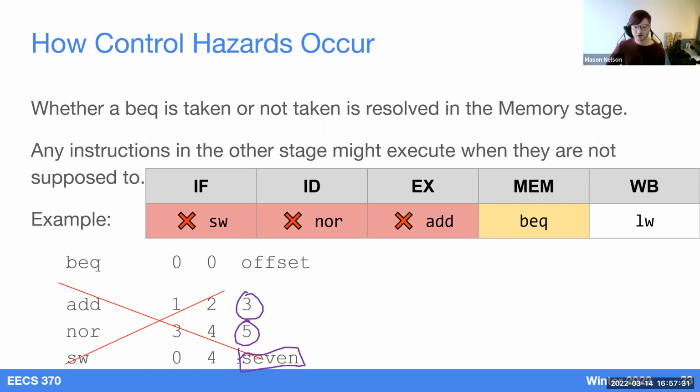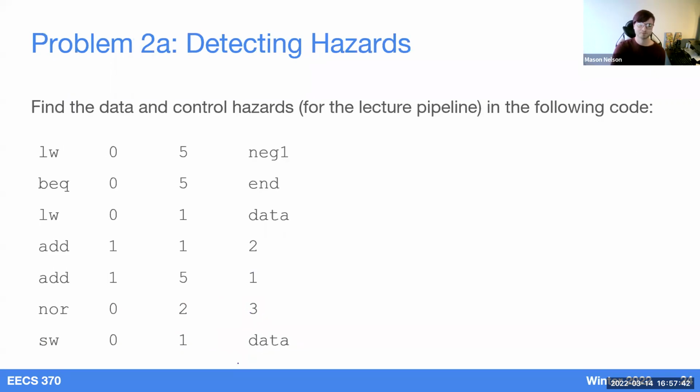We have another trick that, in my opinion, is pretty easy to implement for the project, compared to data forwarding at least. But this will allow us to fix our control hazards. All right. So if you look at the worksheet that's available in the Google Drive, we have this problem posted for you. And so this is some quick practice at finding data and control hazards.